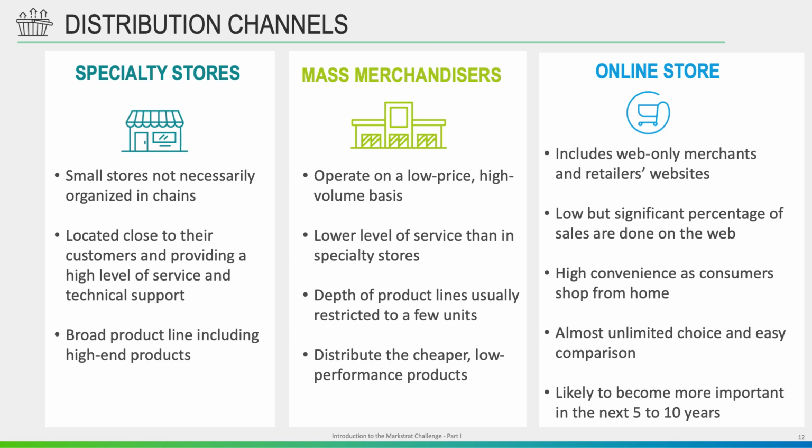Mass merchandisers are the big box stores with which you're probably already familiar, general merchandise stores like Target or Walmart, or Dick's Sporting Goods, who sell running shoes in addition to a variety of other products. And then online stores are fully digital e-commerce platforms like Amazon. You deploy your sales team to these different channels depending on whether you think your target market shops there.